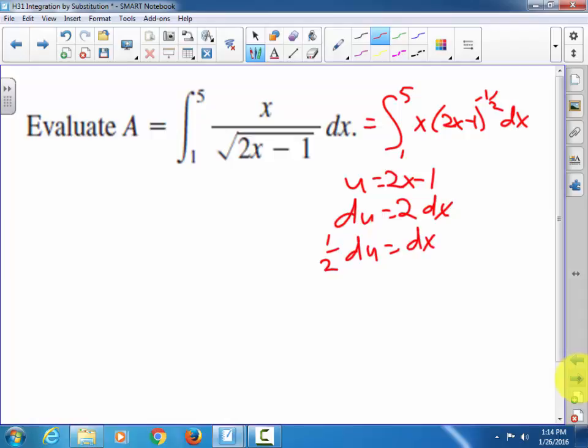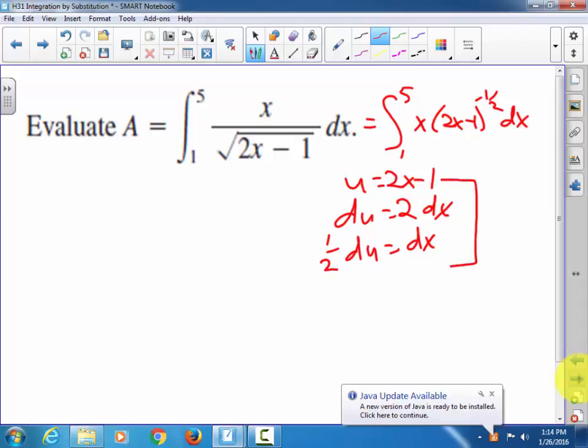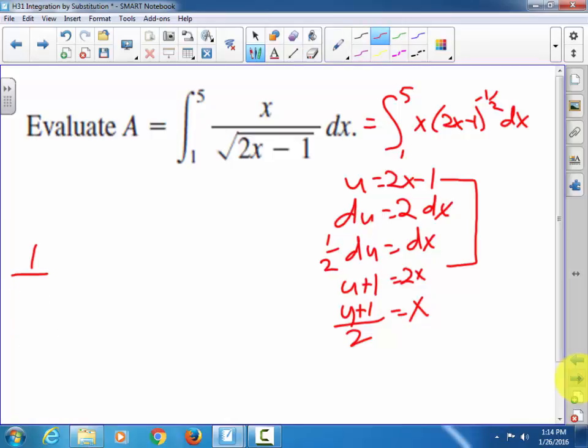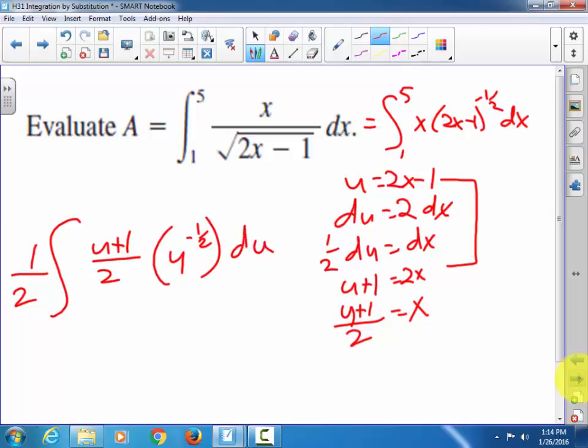So, what? Anyone? Right. If we take that and say u, that means u plus 1 is 2x. That means u plus 1 over 2 equals x. So now I've got a substitution I could put in there. And so you'd say 1/2 times the integral of u plus 1 over 2 times u to the negative 1/2 du. And if you do that, I think it'll work through okay.